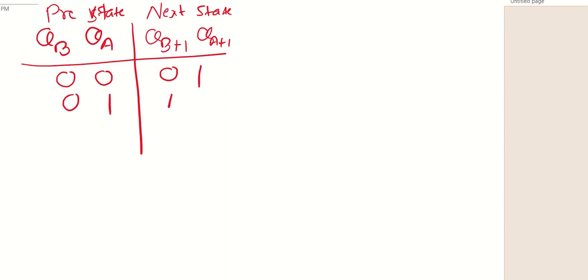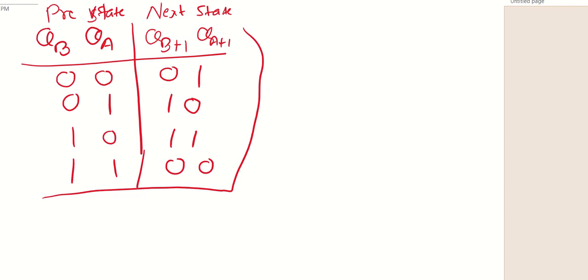For 0, 1, it should be 1, 0. For 1, 0, it should be 1, 1. And for 1, 1, it should be again 0, 0. In this way your counter should work.